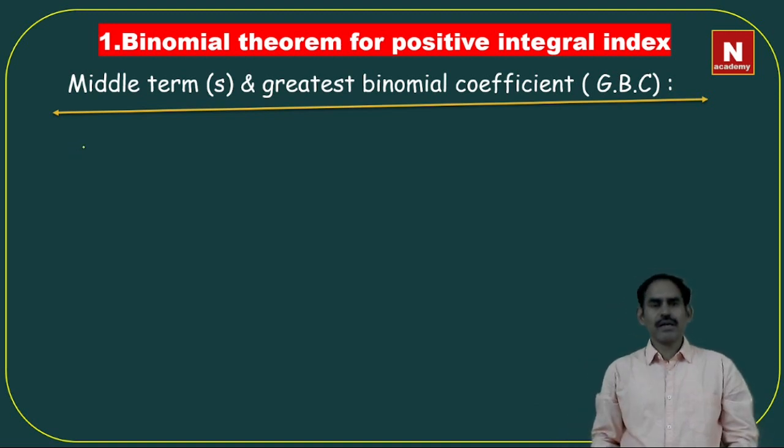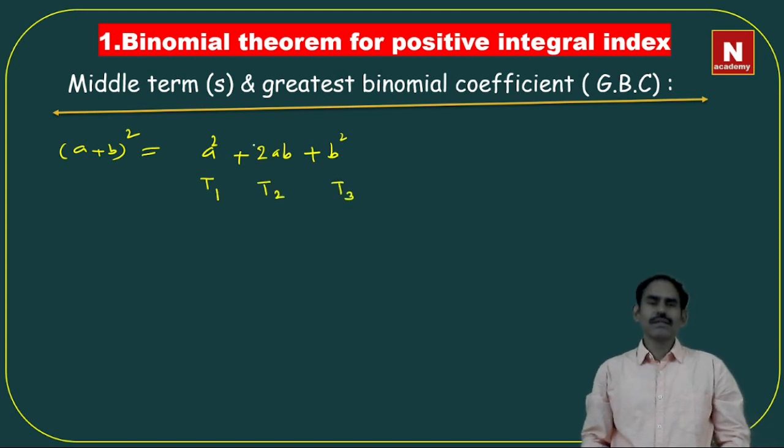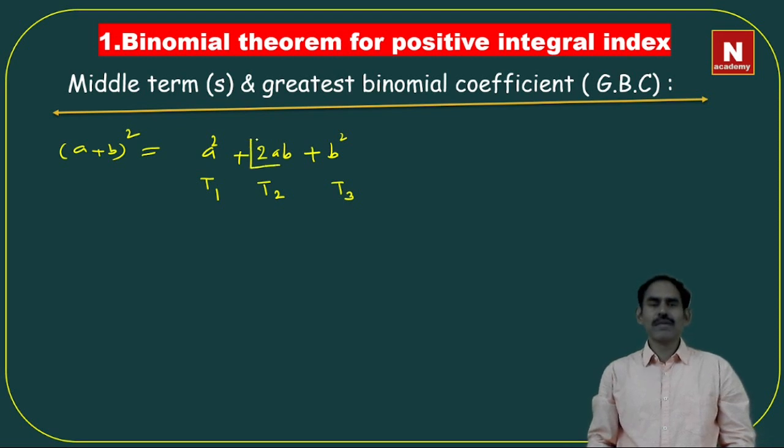First example, a plus b whole square. You know this expansion: a square plus 2ab plus b square. In total we will have 3 terms here. Index is 2, 2 plus 1, total number of terms 3: T1, T2, T3. Here the term 2ab is the middle term.